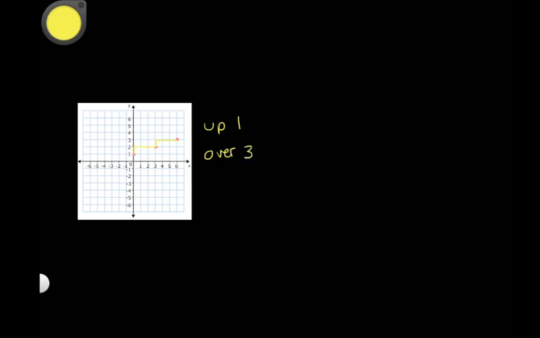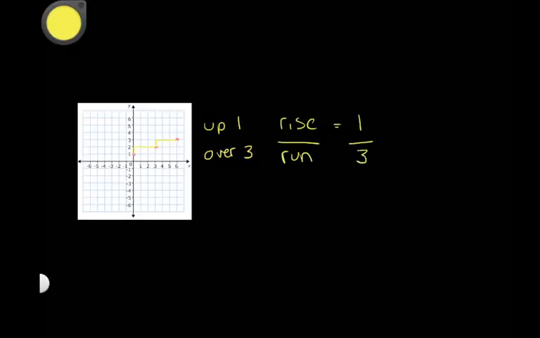That means that the rise of this line is 1. The run of this line is 3. So it rises up by 1 and it runs over by 3. So the slope is 1 over 3. Okay, so our slope again is dictating how this line is moving.